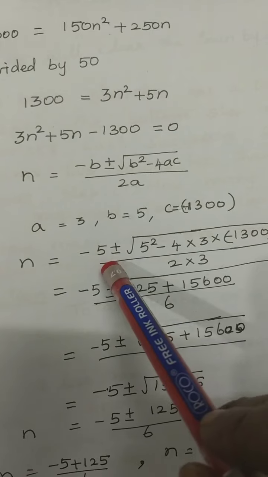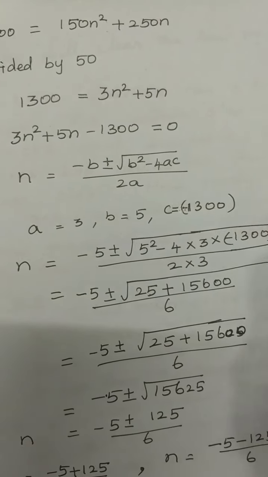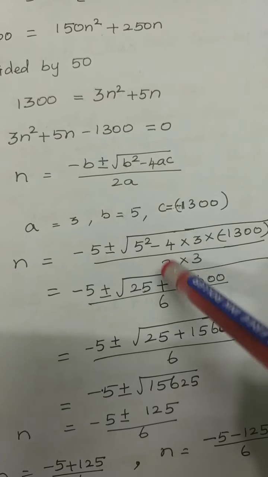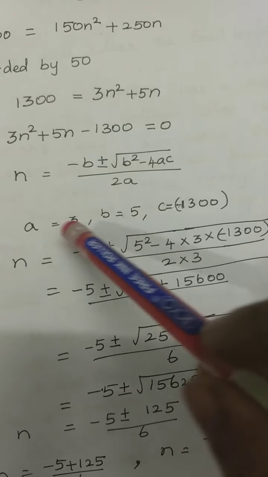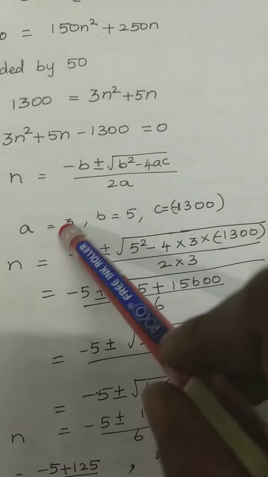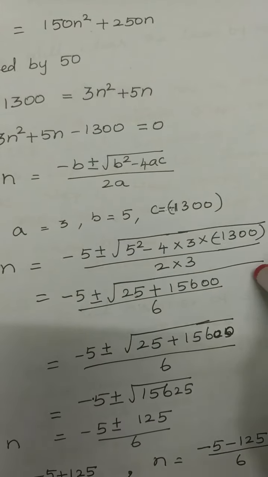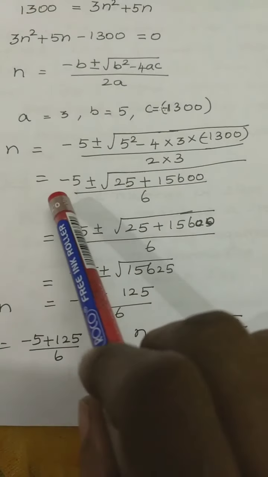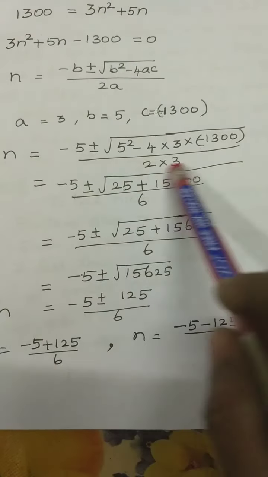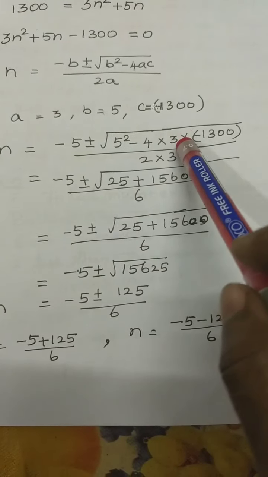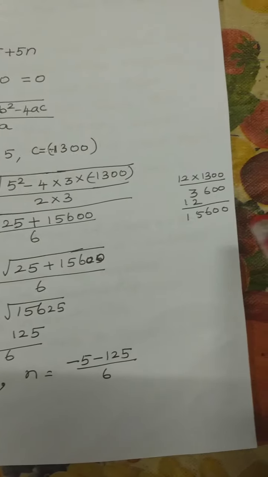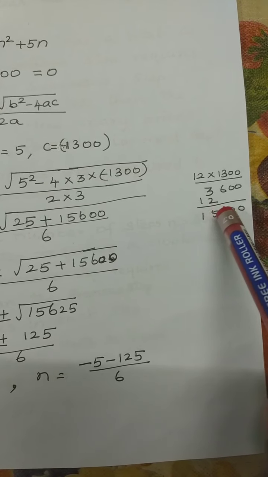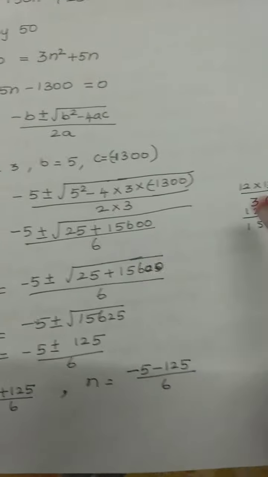So n = (−5 ± √(5² − 4 × 3 × (−1300))) / 6. Now the next step: −5 ± √(25 + ...), 4 × 3 is 12, 12 × 1300 is 15,600.